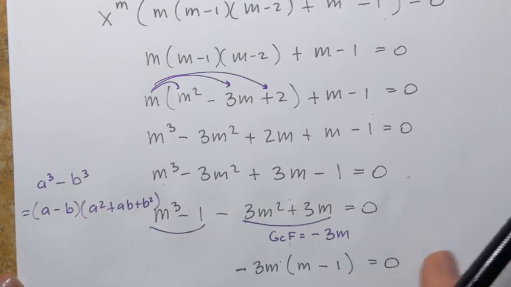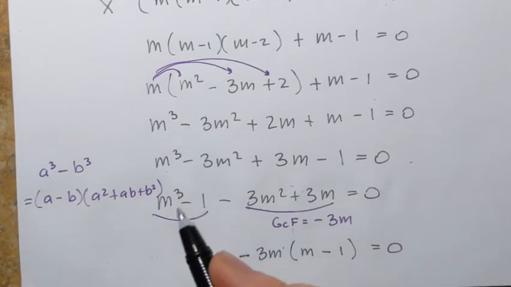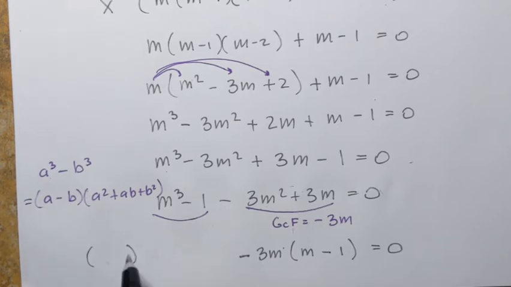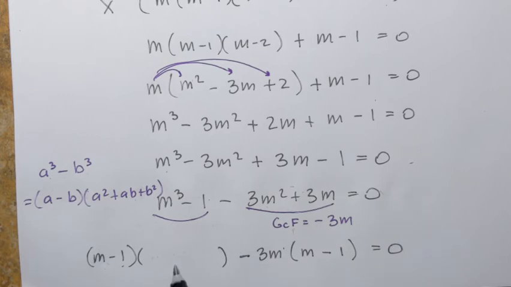So it means that m cubed minus 1, I will factor the following way. First, it's going to be my binomial, where I put those two without cubes. So it's just m minus 1, and I keep the same sign. And then I'll have to put here a trinomial. It's, by the way, an irreducible quadratic trinomial, so I won't be able to factor it any further.